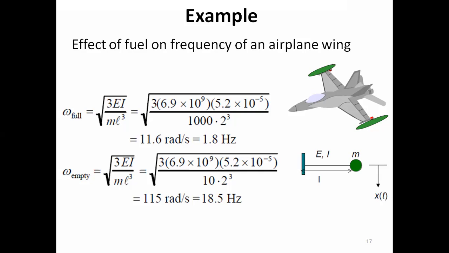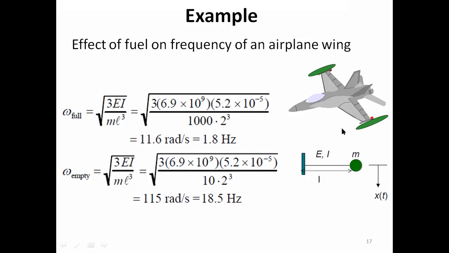Although there would be error if we do the experimentation on the real aircraft wing, we would get a frequency, but that frequency would be close to the calculated one. In other words, the calculated one would be very close to the experimental frequency.